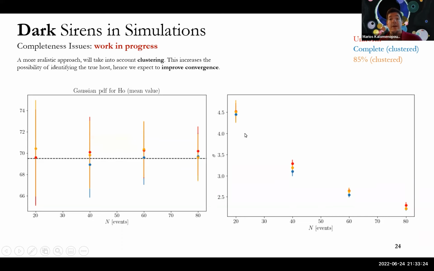So the clustering has important implications, but also even an incomplete catalog that is then completed uniformly is performing better than its uniform counterpart. So clustering can help in the convergence and to reduce the scattering of the final result, even if some galaxies are missing.